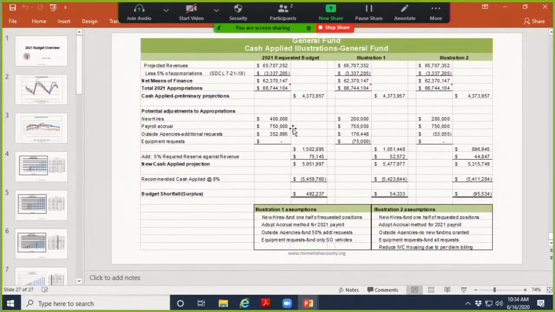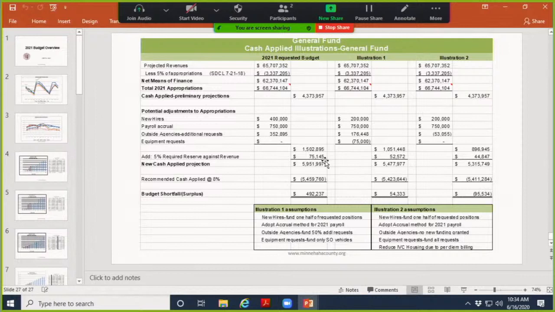There is the impact of adopting an accrual method of accounting for payroll with a one-time impact of $750,000. And then there are additional requests for funding from outside agencies for just over $352,000. Those requests, if they were granted in their entirety, would add $1.5 million to our budgeted appropriations.